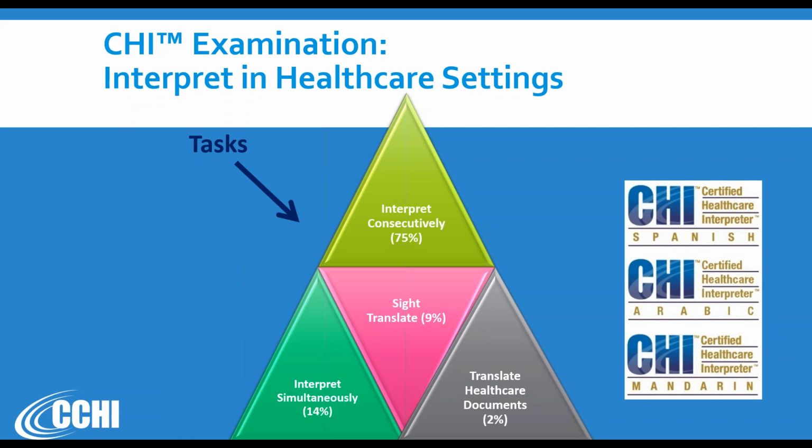I hope in the next job task analysis, which will be about 2022, 2023, that the respondents say, well, you know what? Now everybody knows who the interpreter is, and nobody asks them to do translation, and then we'll remove that question. The good thing, though, is it's only 2% of your score, and it's really only one question.